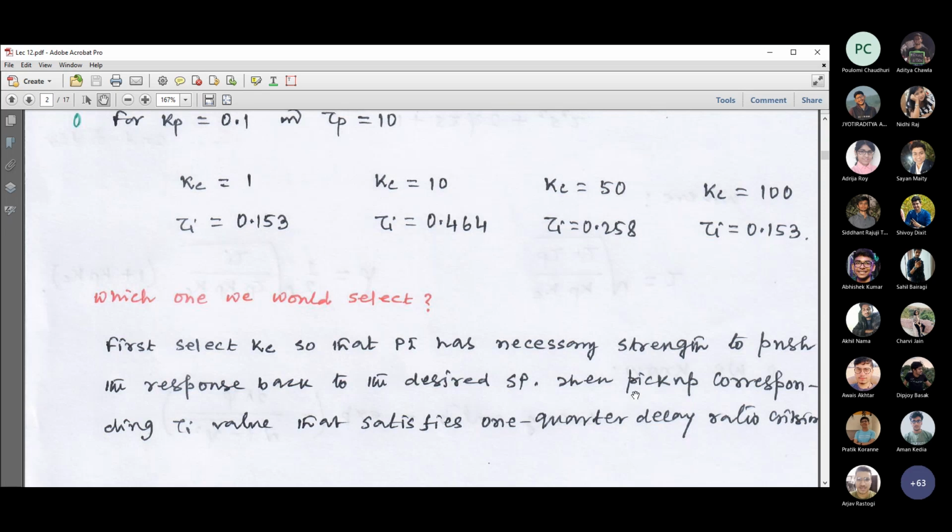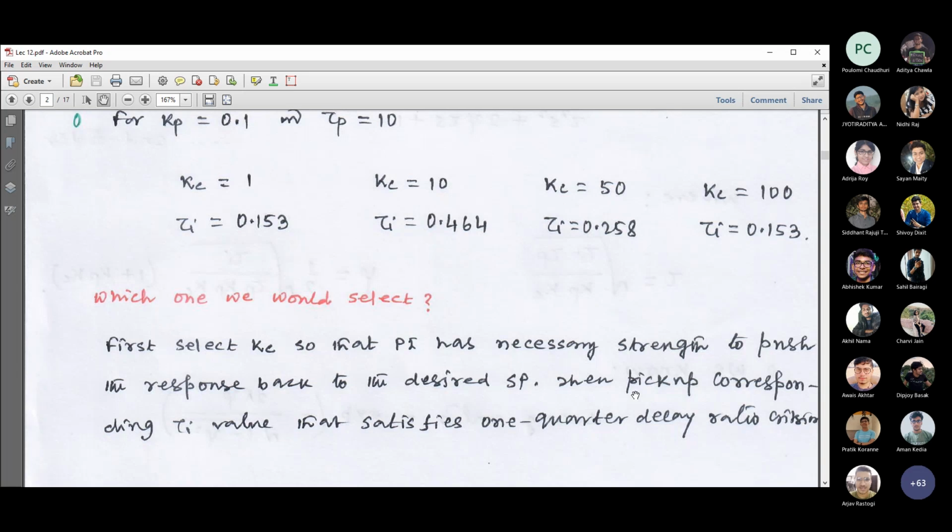This is the general guideline, but still we are in fact not that much satisfied with this statement as well. We cannot say that we will get the best performance by this way. Anyway, this is a 1/4 decay ratio criteria based on which we can tune the control parameters.